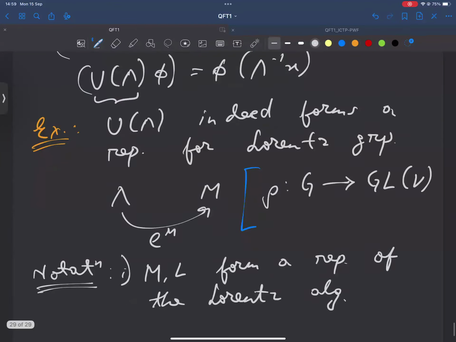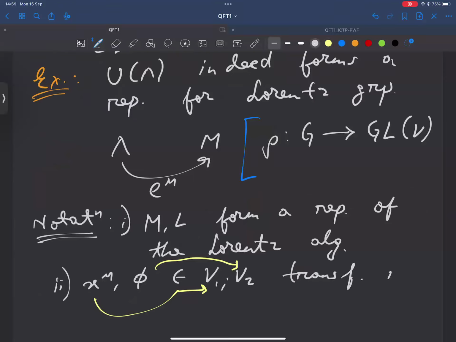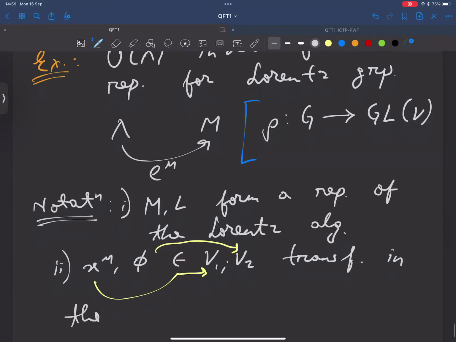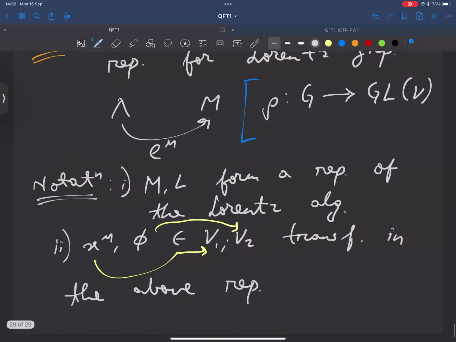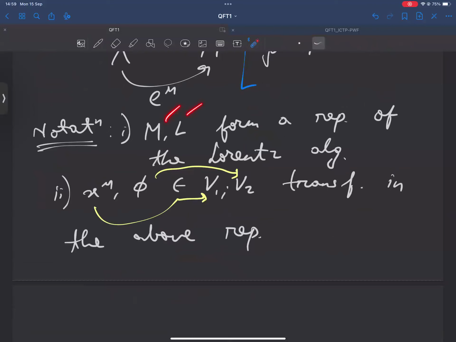Okay. And the objects like x mu and phi, which lived in this vector space, so v1 and v2, because they live in different vector spaces, they transformed in the above representations. Okay, because they transformed under the action of this M and L, right?